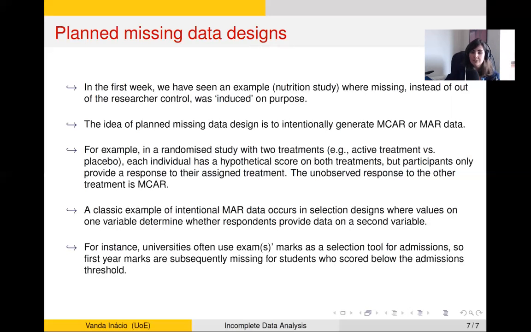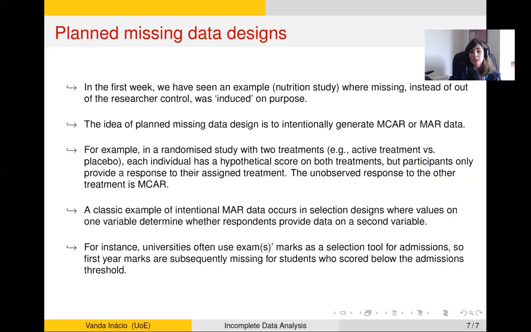Imagine we are looking at the marks for first year university students, and it's often the case that universities use some exam marks to control the admissions of students, or a combination of high school marks and exam marks, but somehow you need to score above a certain threshold in order to be admitted to the university.